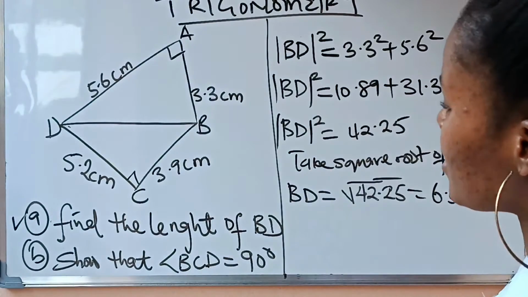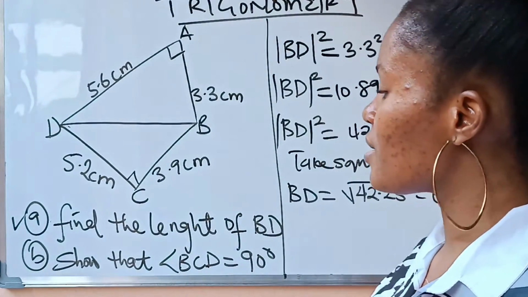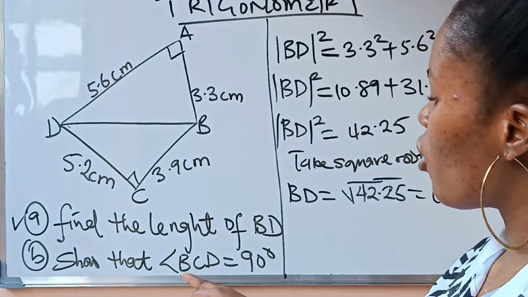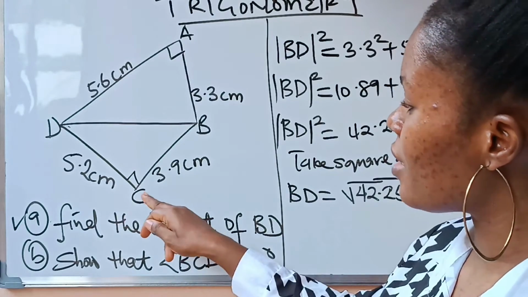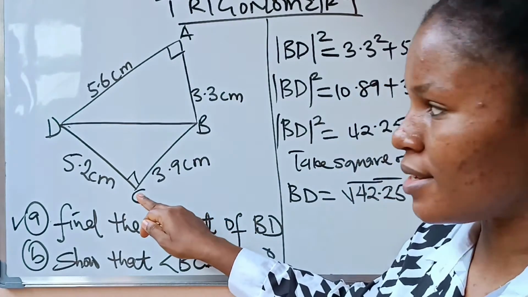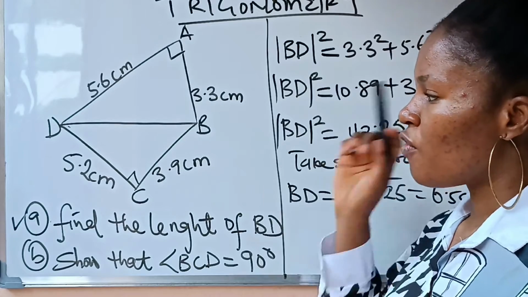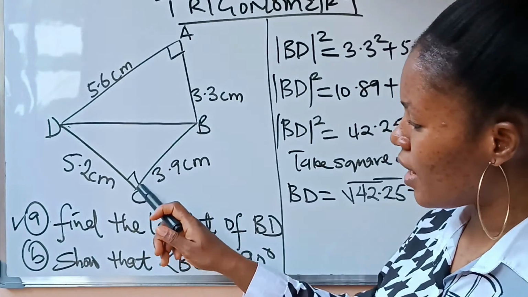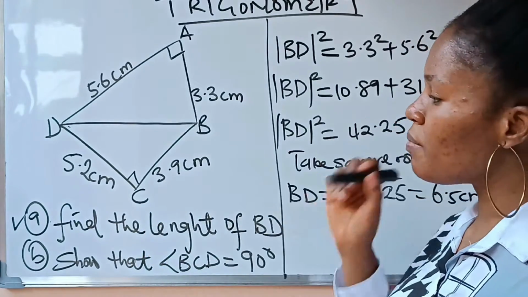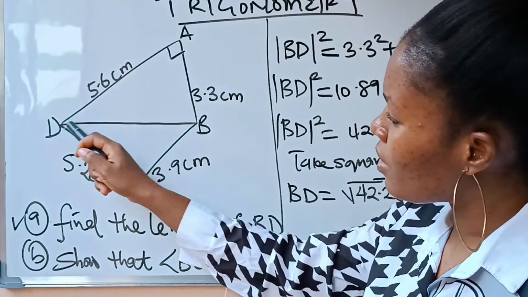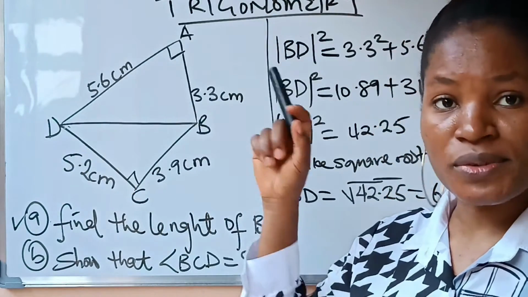Now let us answer the second question, which says show that angle BCD is 90 degrees. That is, we should show that here is 90 degrees. For us to show that this angle C here is 90 degrees, it means that this particular place is our hypotenuse this time around.